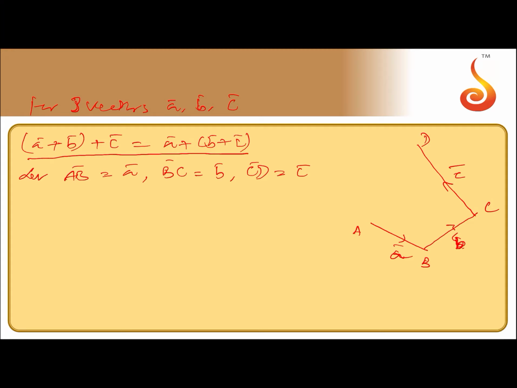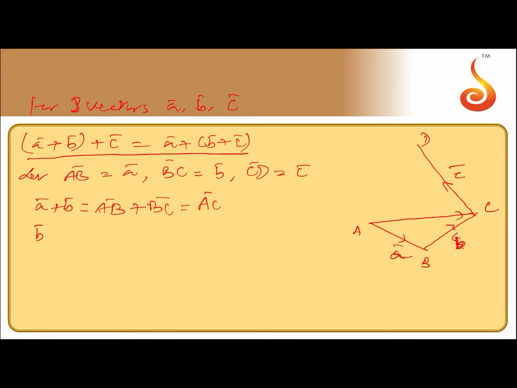Then we add up. First of all, let me calculate what A plus B is. A plus B is nothing but AB bar plus BC bar, and that is nothing but the AC vector.